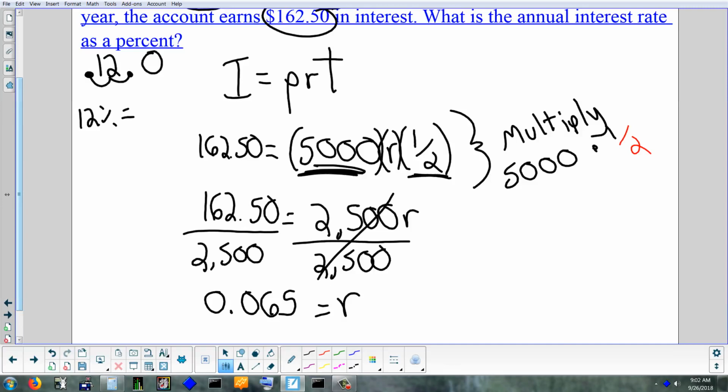When I want to make a decimal a percent, I move it 2 to the right. I think of it like this: D2P, decimal to percent, I'm going 2 to the right. If I'm going percent to decimal, I'm going 2 to the left. Up here, I'm going percent to decimal, so I went 2 to the left.